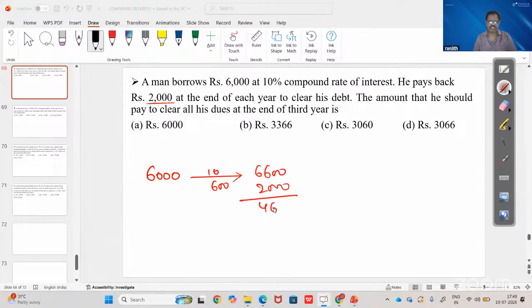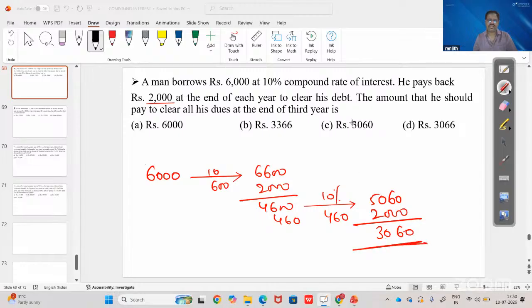So 4,600. Again 10 percent, which is 460. So if I add all the values, 5,060. Again he is paying 2,000, so the balance will be 3060. So the answer is 3060.